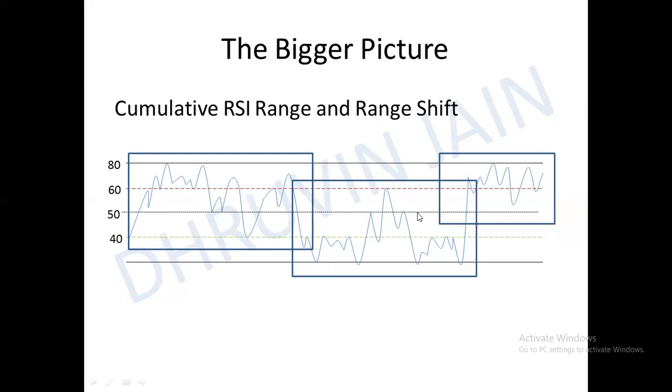Now the price continues its long-term structure of higher high, higher low. Price moves from lower high, lower low to again higher high, higher low. That's why RSI breaks the 60 region, and now RSI is in a bullish region.